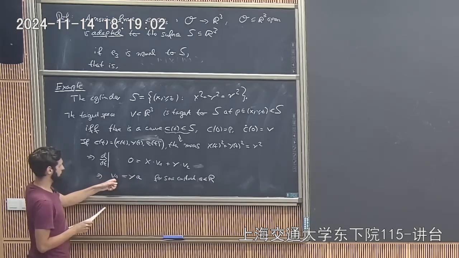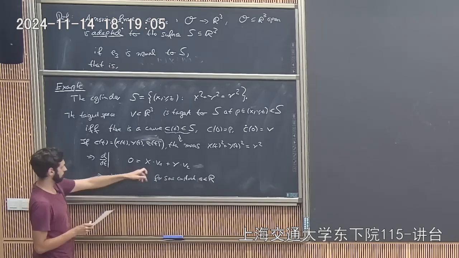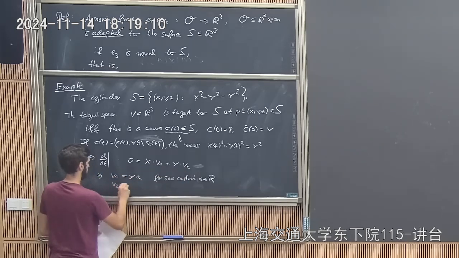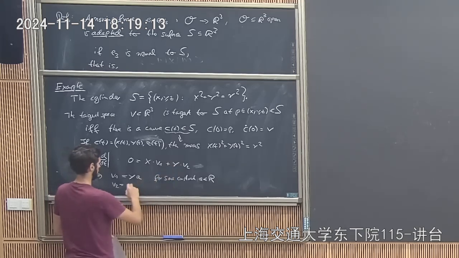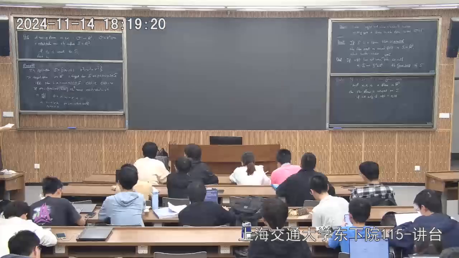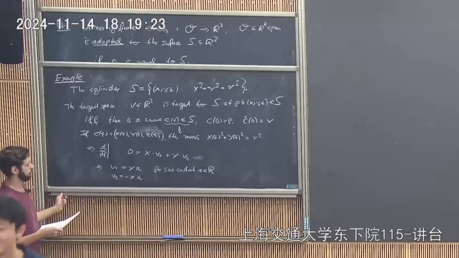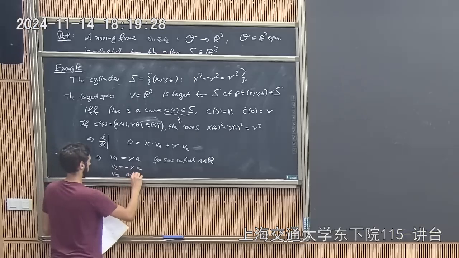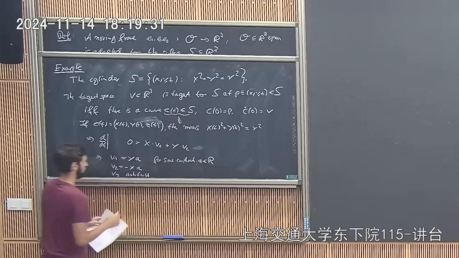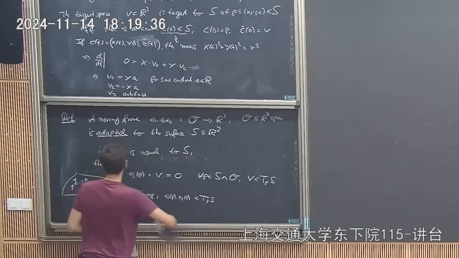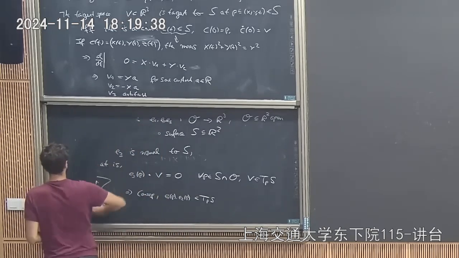If you set v1 to be this expression, plug it in here, and solve for v2, we get that v2 equals minus the same constant times x of t. So that's the constraint, and v3 can be arbitrary. It follows that the tangent space of the surface, the cylinder, is spanned by the two vector fields.